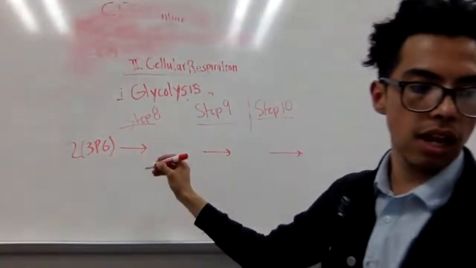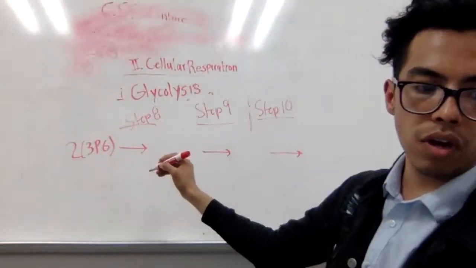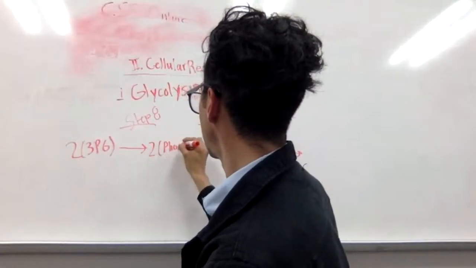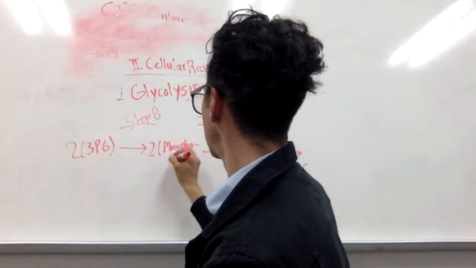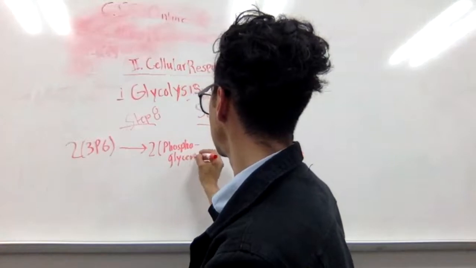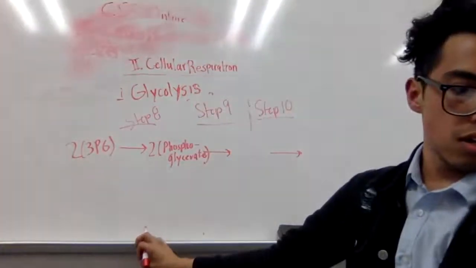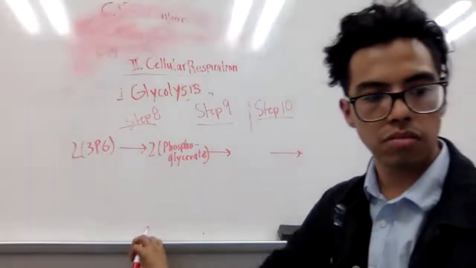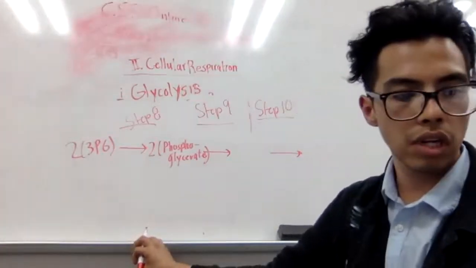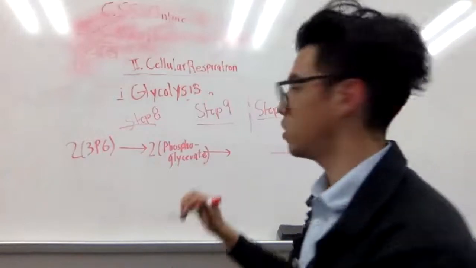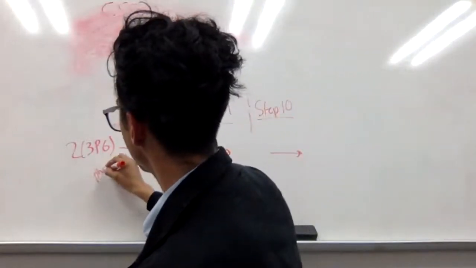We're going to convert that into 2-phosphoglycerate. Not much to say about that molecule. You're just kind of mutating that molecule, and that's why the enzyme right there is called phosphoglycerate mutase.